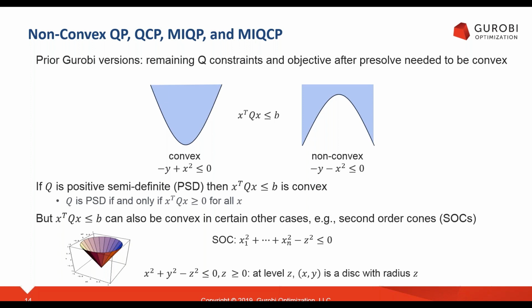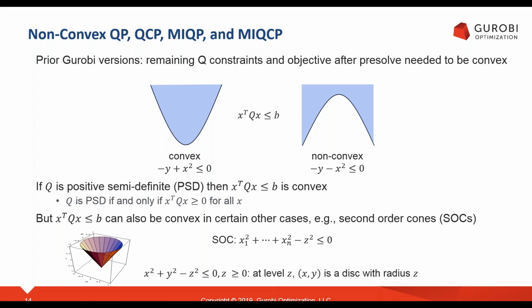So the most important case here is the case of second order cones. When you look at this constraint here, so sum over x_i square minus z square is smaller or equal to 0, this defines also a convex area as long as the z variable is non-negative.